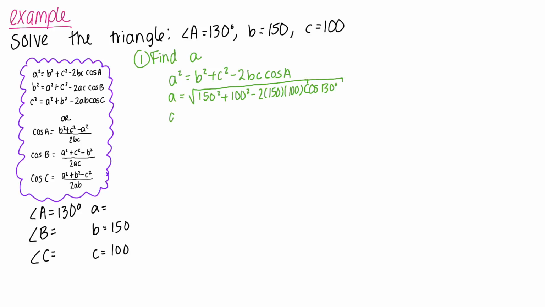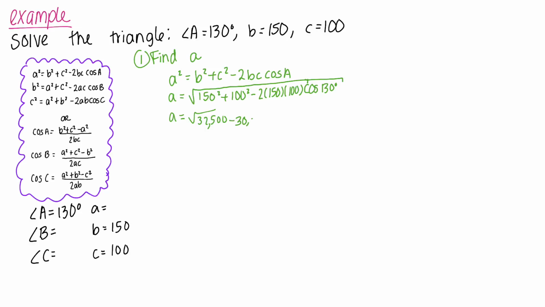I like to simplify this before plugging it in my calculator because I like to write everything down. So I'm going to quickly simplify. 150 squared plus 100 squared, I get 32,500, minus 2 times 150 times 100. That's 30,000.